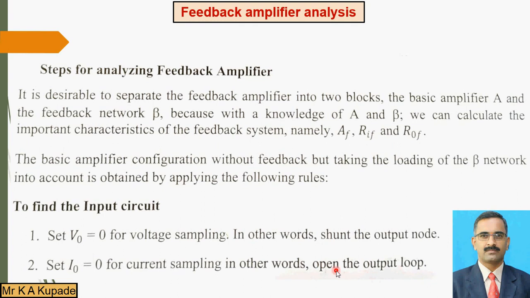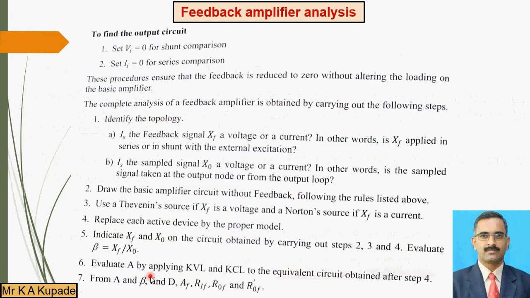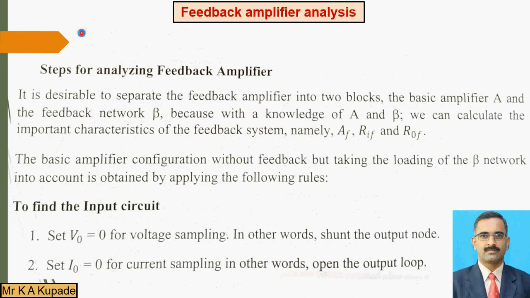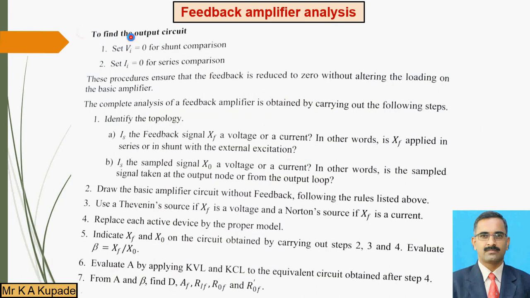So that means voltage is considered across and current is considered in series. Now, as with the input circuitry, you have to find a relation for the output circuit. For the output circuit, set I naught, meaning you are considering the output side.